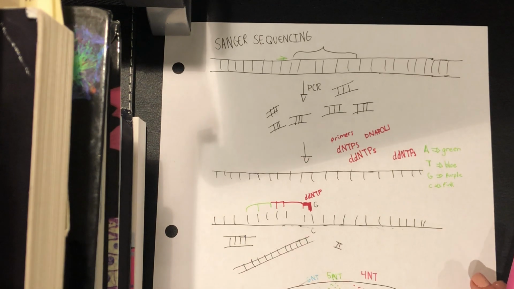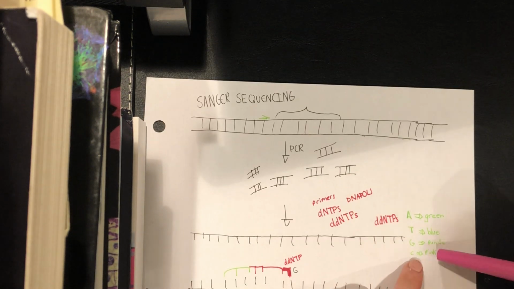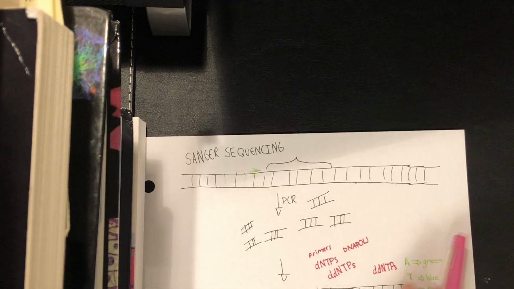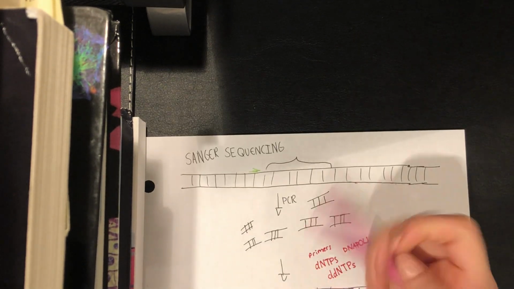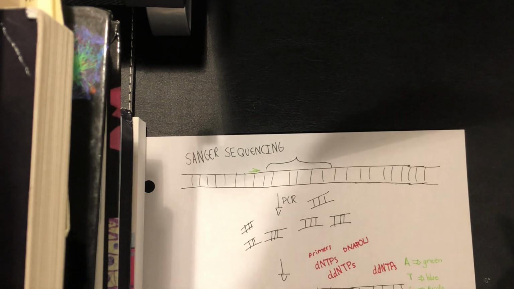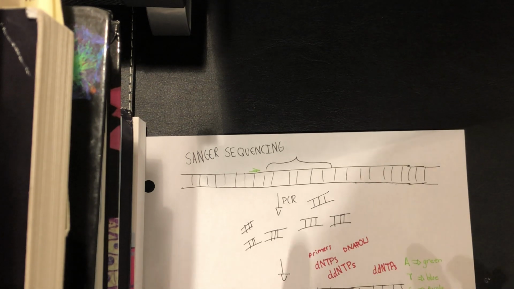So for an example, if this is pink, we said before pink is C, then they know, okay, if this ddNTP, sorry, maybe I wouldn't use this example, sorry.